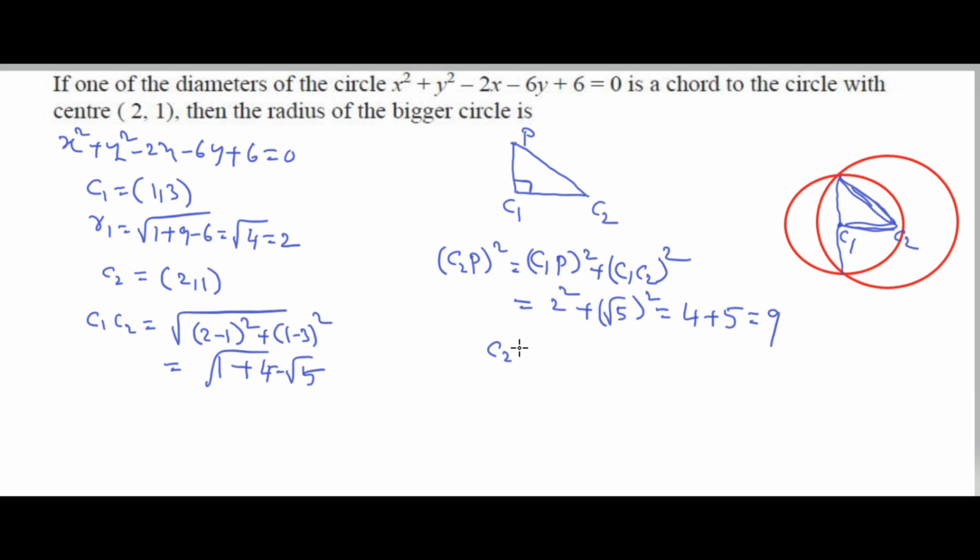So C2P is equal to root 9, so C2P is equal to 3. So the radius of the bigger circle is equal to 3. That is the answer.